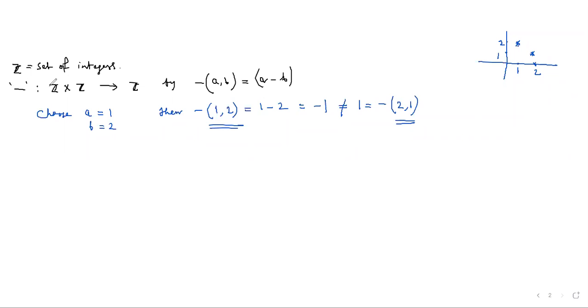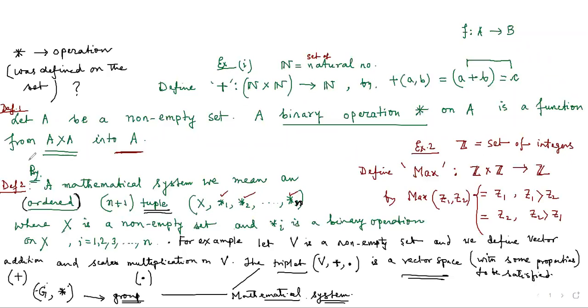This will happen in case of division. So without any loss of generality, to generalize the thing, we have to use the term ordered over here. To define a mathematical system, if you do not use the word ordered, then your definition of the term mathematical system is not complete, and therefore this word is very significant.